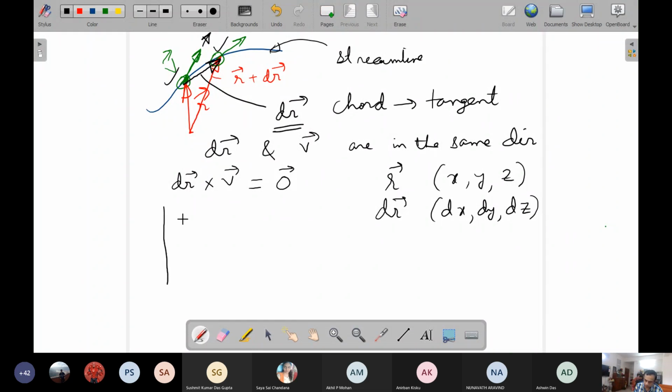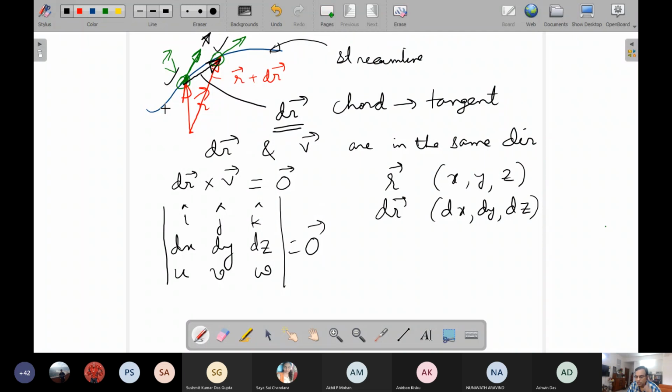So if you take now the cross product, which we can write in the determinant form, so i j k, then the components of dr and the components of the velocity vector. So this must be a null vector. This is our final summary.